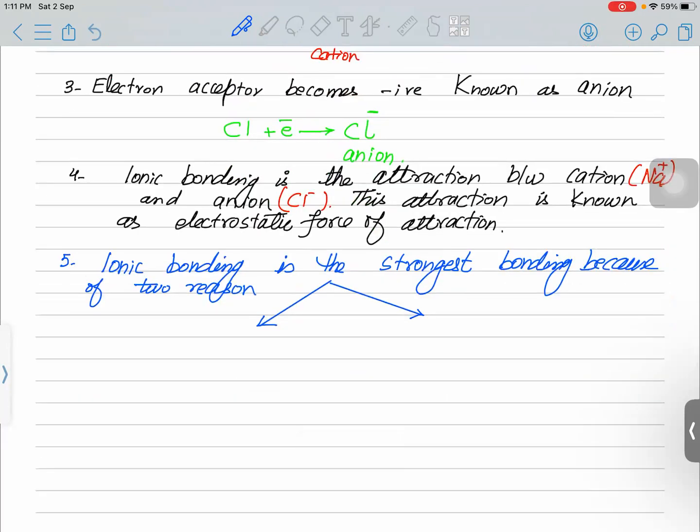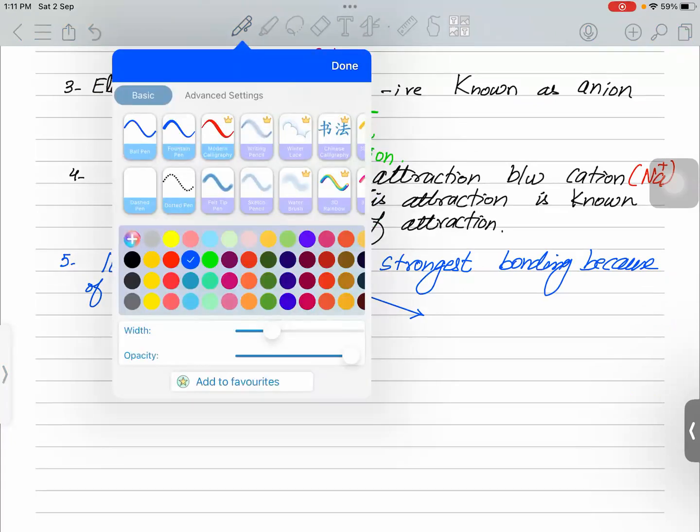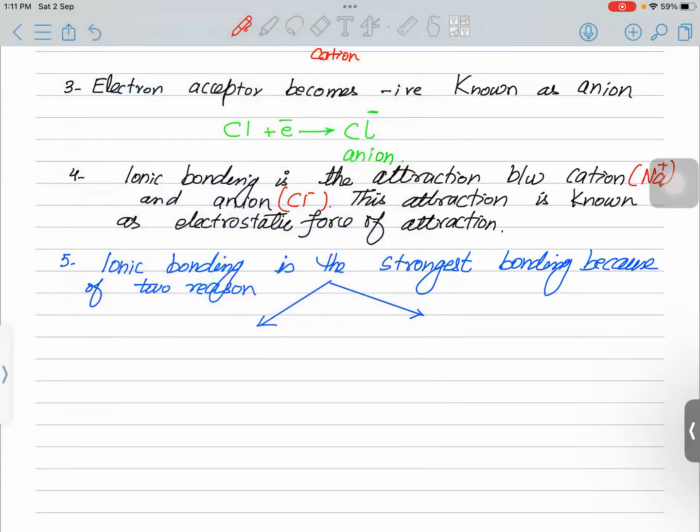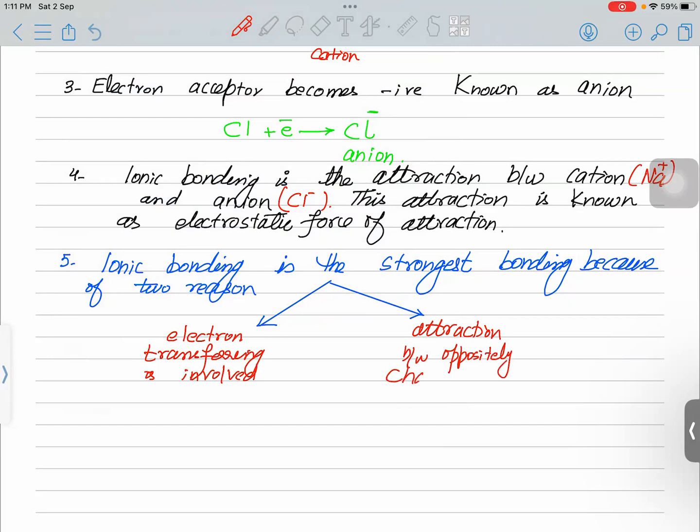Number 1, electron transferring is involved. Point number 2, attraction between oppositely charged ions.